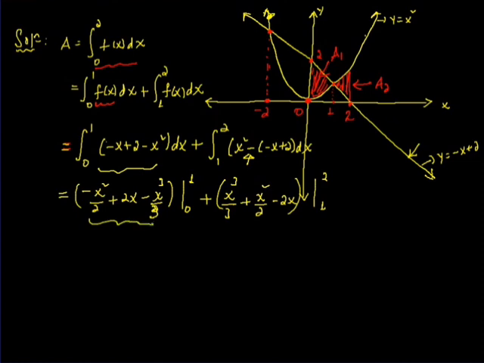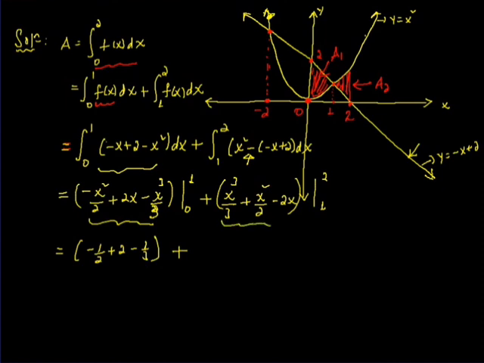So here substitute 1. Then you will get minus 1 over 2 plus 2 minus 1 over 3. But when we substitute 0, the whole thing becomes 0, so that is meaningless.